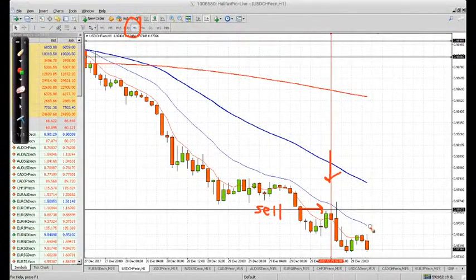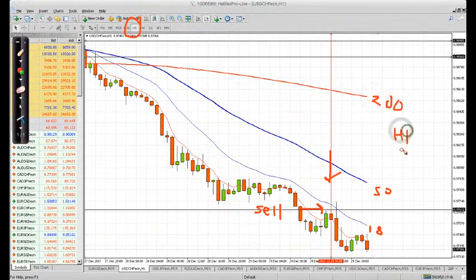Okay, because the 18 is below the 50, is below the 200. So the H1 hourly is aligned to the 50-minute candles. And this is what gives you the highest probability of success.